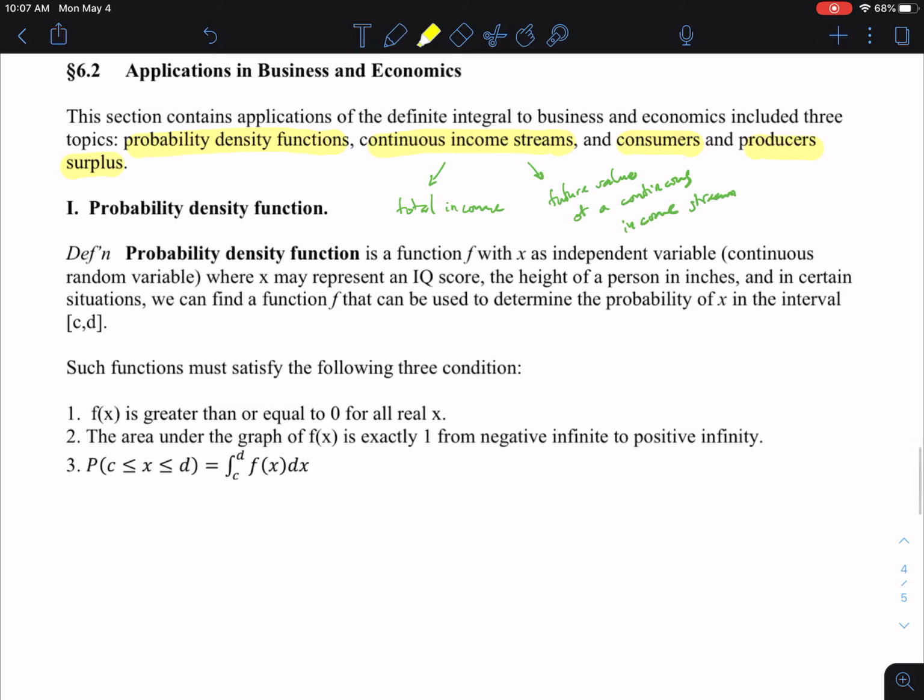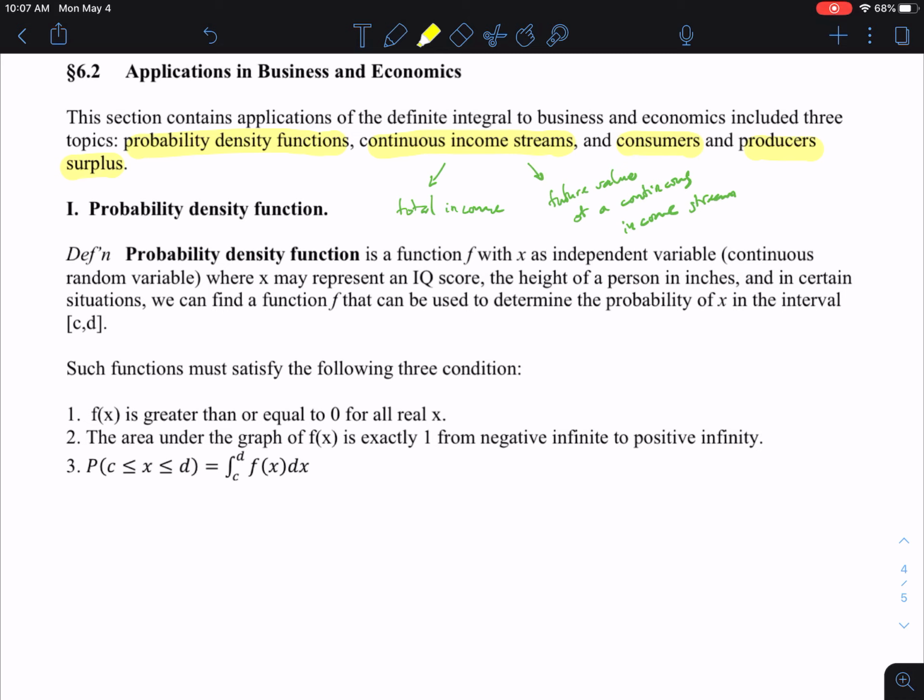So in certain scenarios in real life, you have variables. You have things that occur by chance or not by chance. In the stats class, we discuss that more in detail. But in this class, let me go ahead and read the definition first, and we'll talk more about that afterwards.